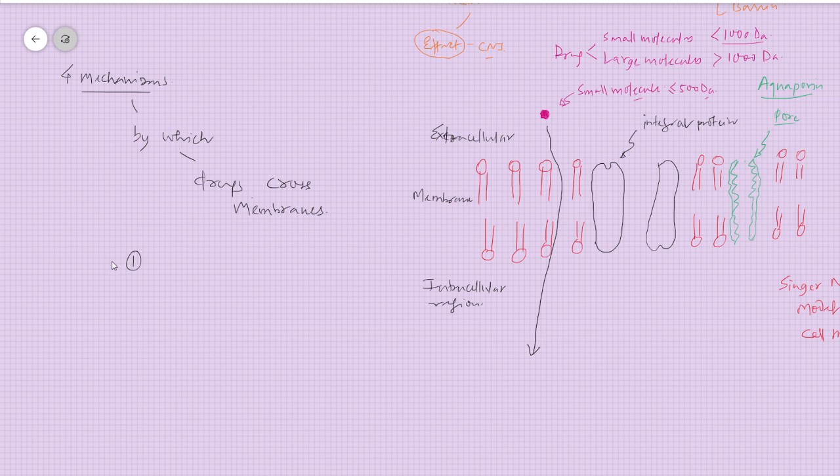Let's write it down here. The first one is by diffusion. Passively it can cross the membrane. It doesn't require energy. So for diffusion we don't need energy.